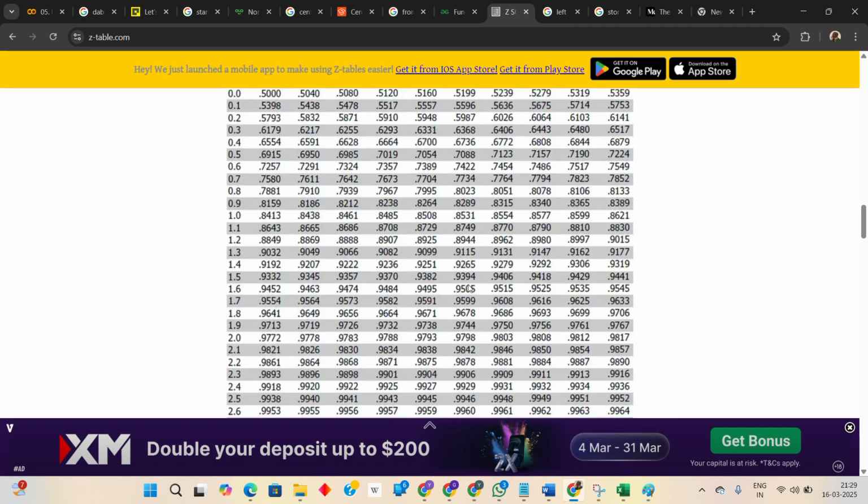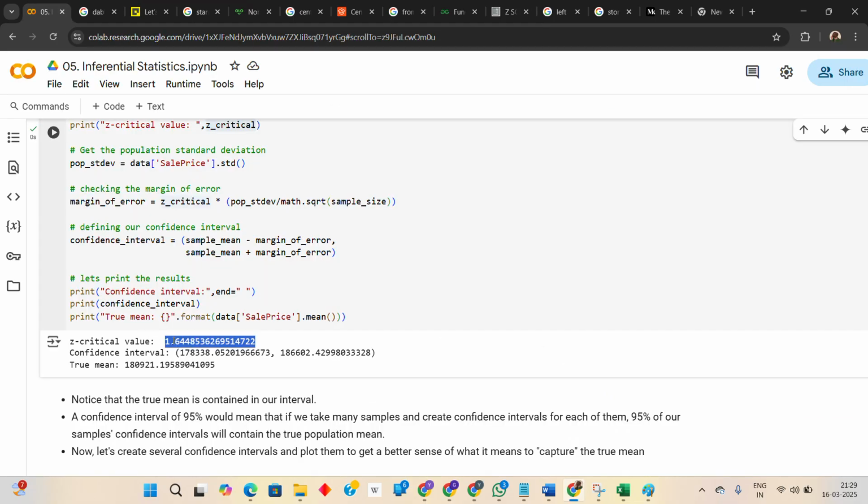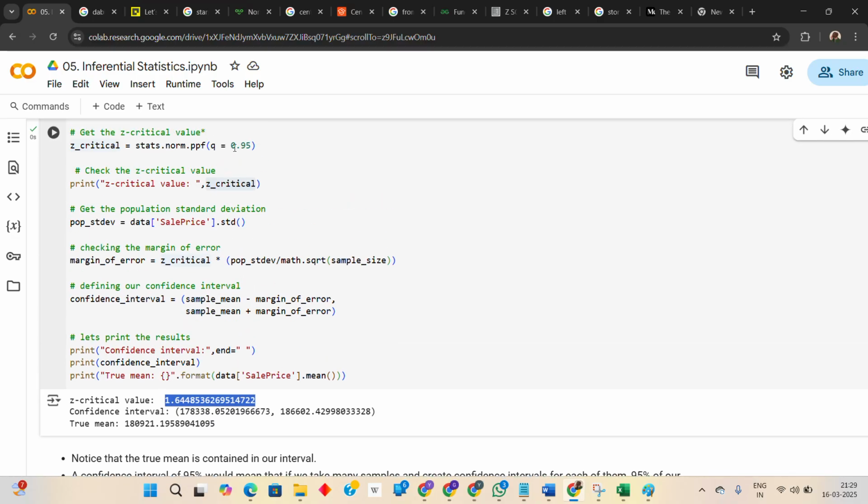Here you can see 0.95. Is that clear? Based on your Z critical, you will also get the estimated confidence interval.